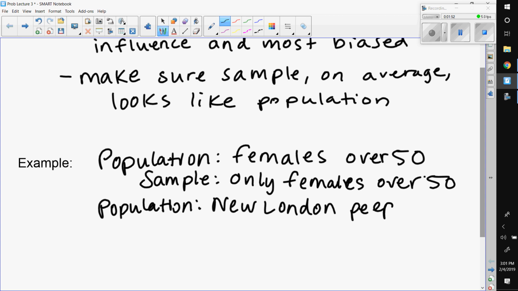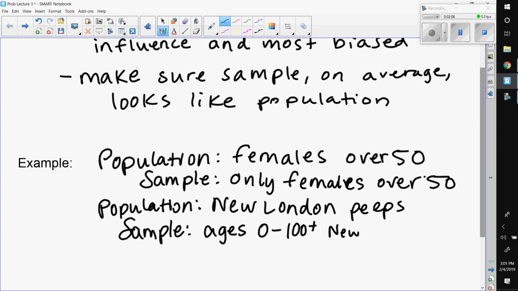You want your sample to be not only New London residents, but ages 0 to 100 plus, and all genders. You need to be sure you're not just asking males, because then we'd be talking about New London males as our population. So your sample needs to be a variety of people.